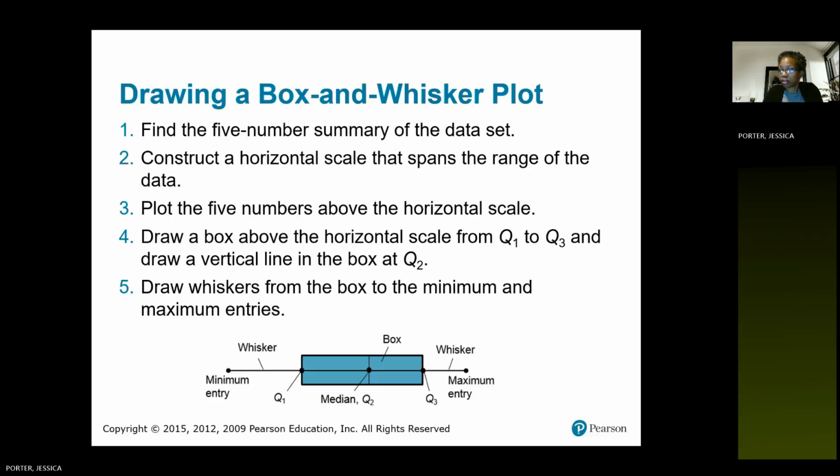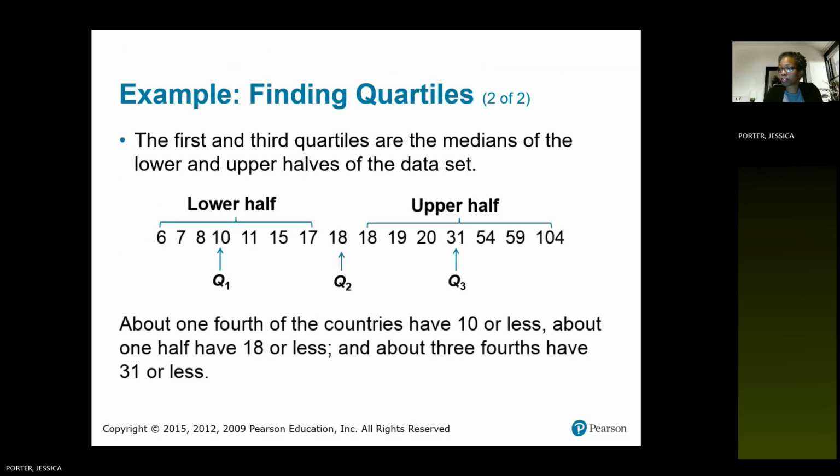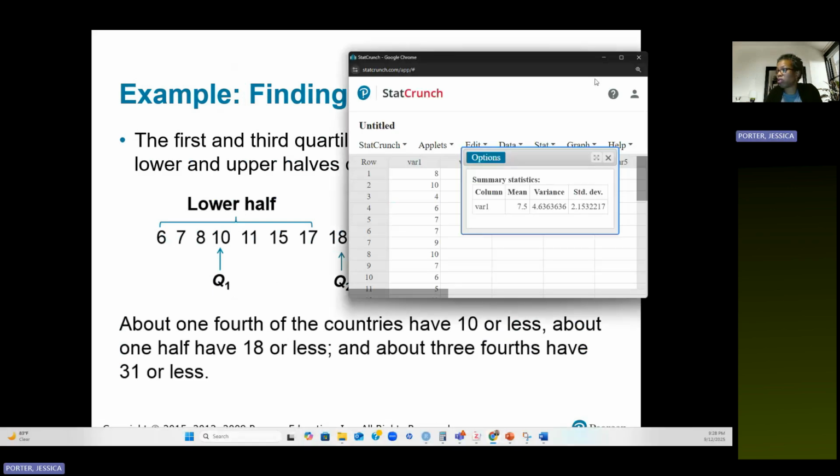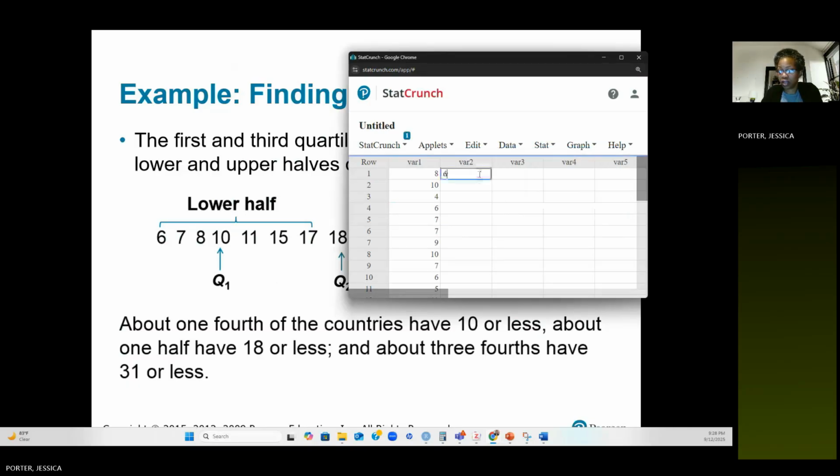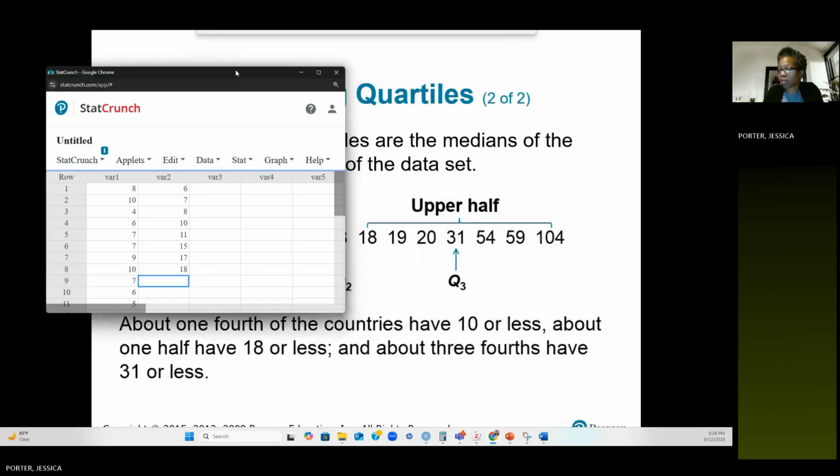Let's do this in StatCrunch, just so you can see how we form a box and whisker plot. $18, $19, $20, $31, $54, $59, $4.